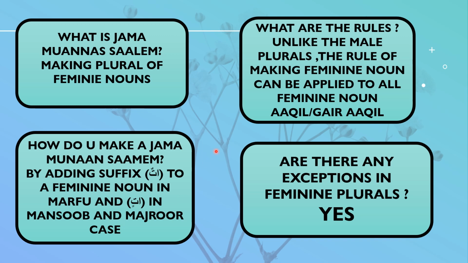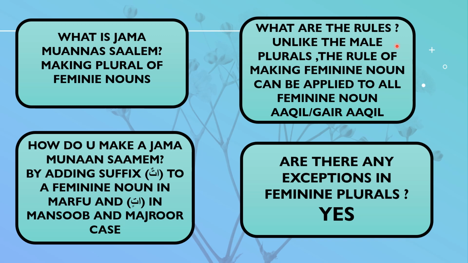I will explain inshallah. And what are the rules? Unlike the Jama Mudhakkar, you have seen in Jama Muzakkar, the rules are only applied for the humans, and it's not applied for the ghair aqil, since there are some exceptions in mulhaqun jama mudhakkar that the rule of jama muzakkar is applied to some of the ghair aqils.